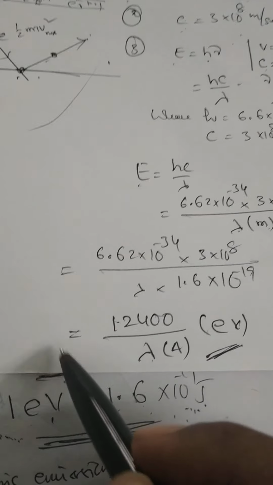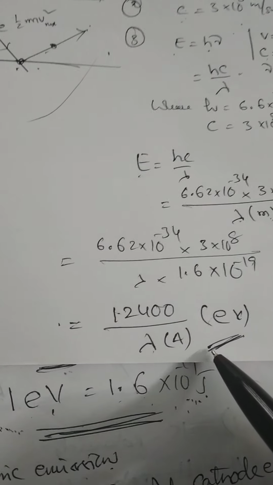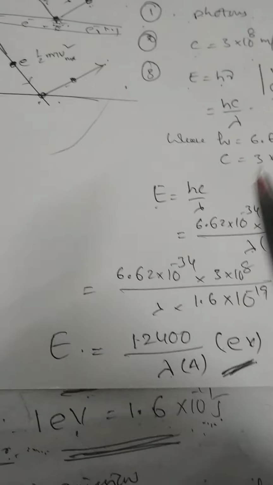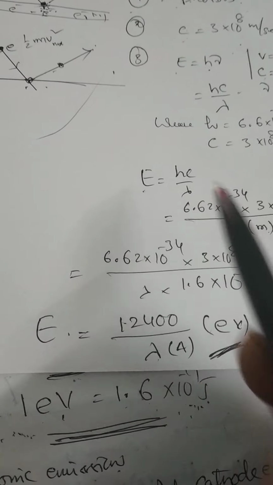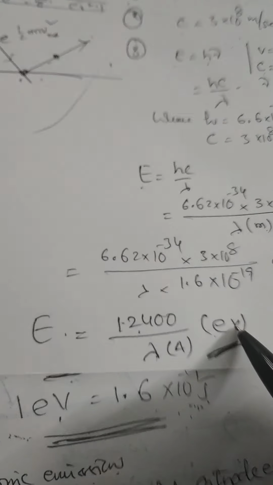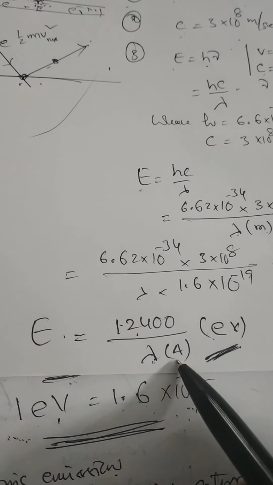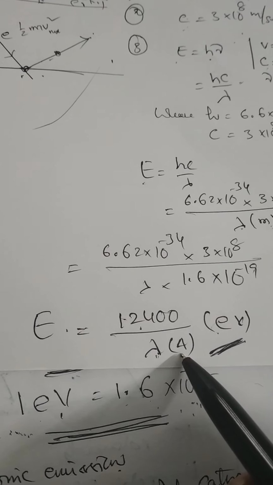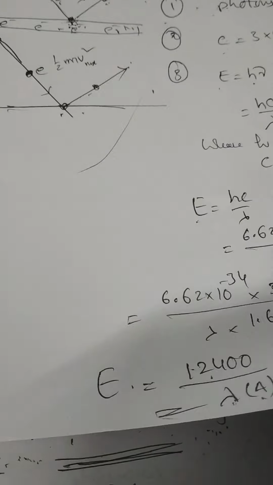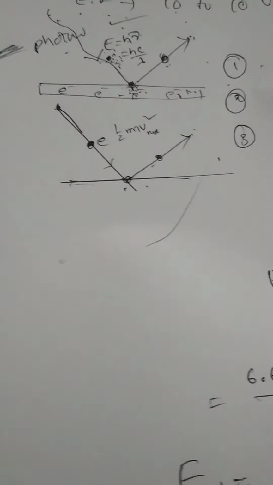While doing problems, keep this shortcut method. Energy of the photon is equal to h nu or hc by lambda, nearly equal to 12,400 by lambda electron volts when lambda is in angstrom units. This is the energy of the incident photon.